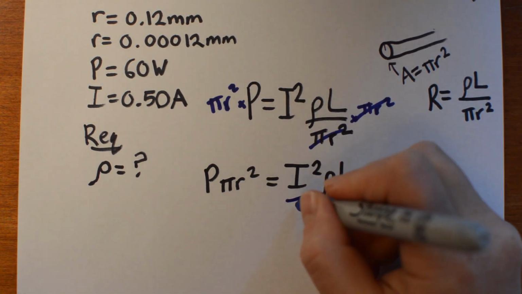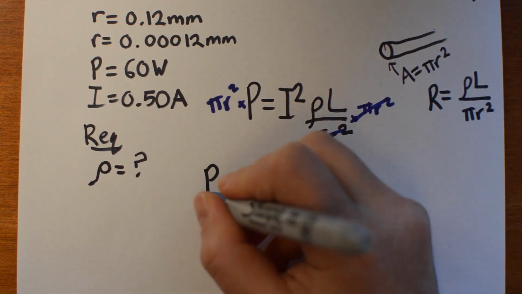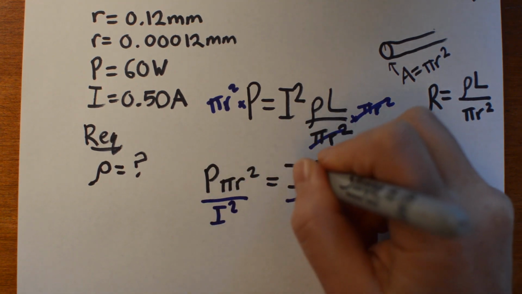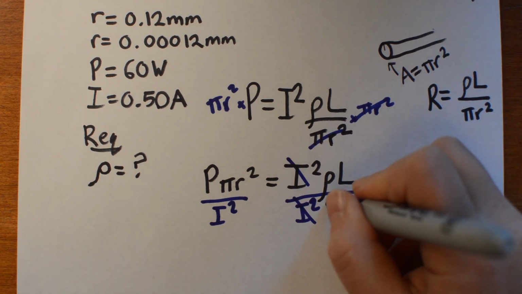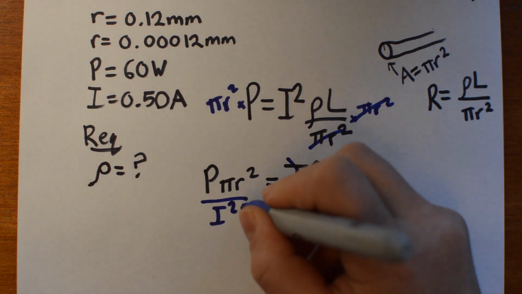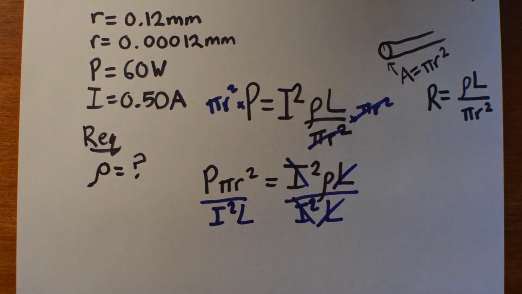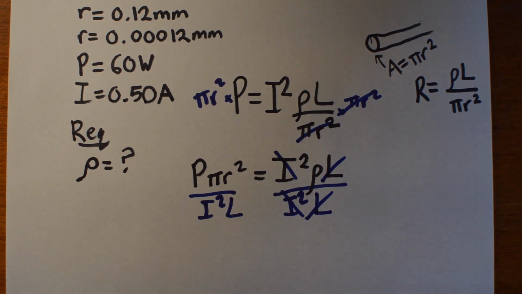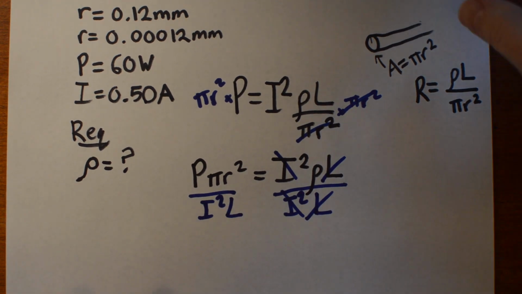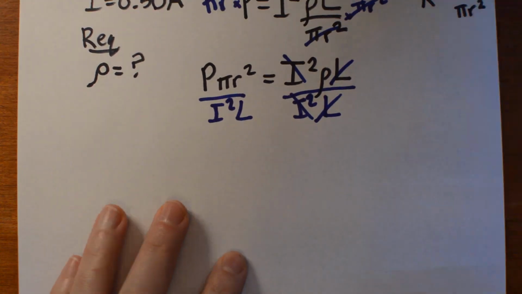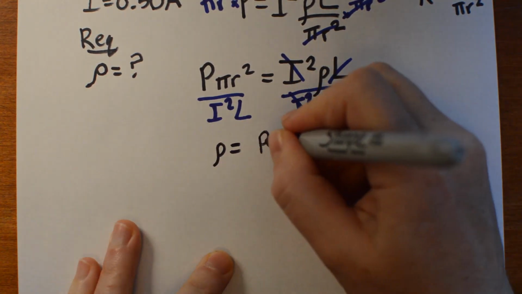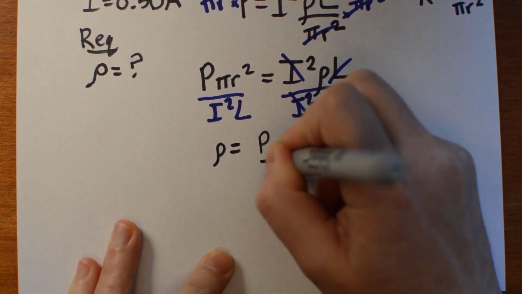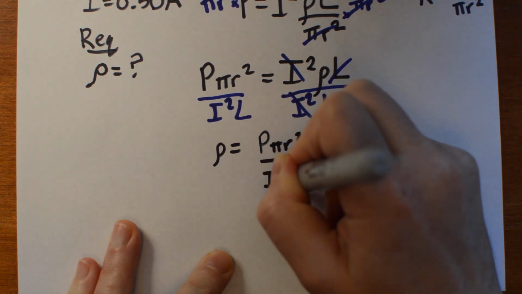I squared is being multiplied by the rho, so we'll divide both sides by that, which cancels the I squared. And L, the length, is also being multiplied by rho, so we'll divide both sides by length as well, which cancels the length too. That gives me a lovely equation for rho, the resistivity: rho is going to be power times pi r squared divided by I squared times L.